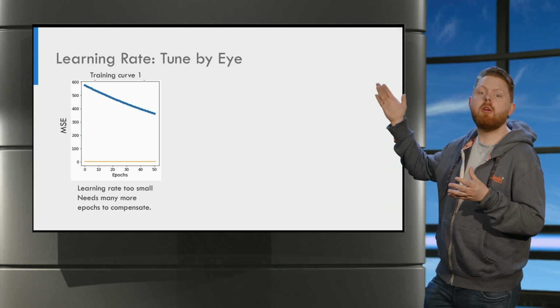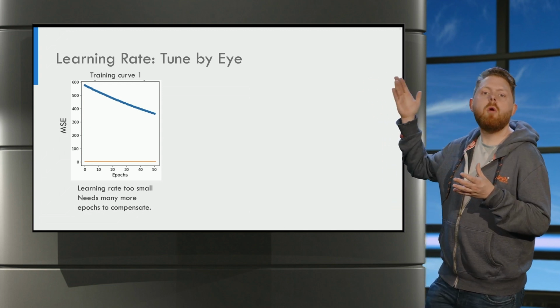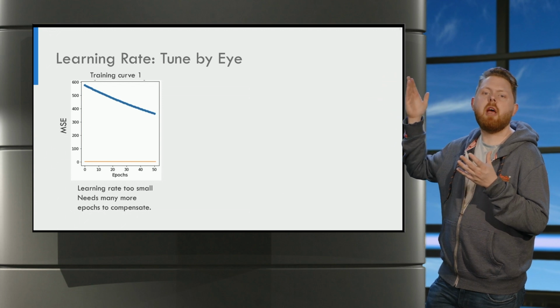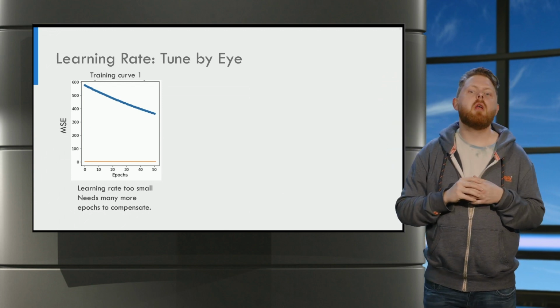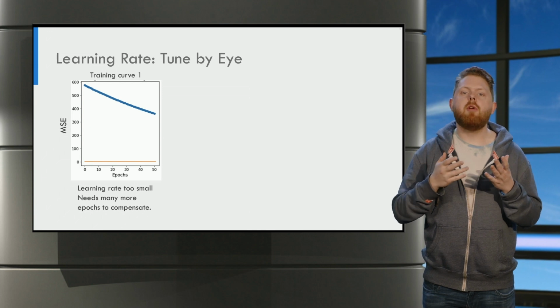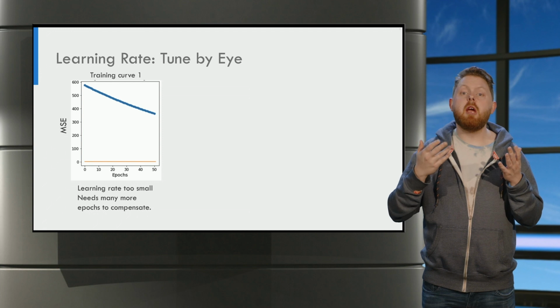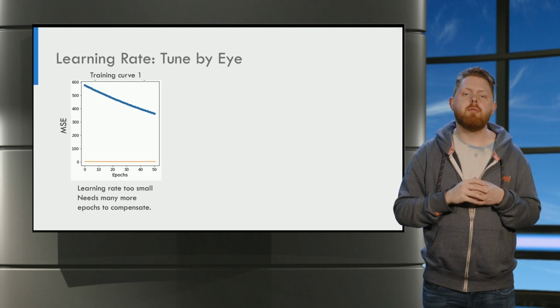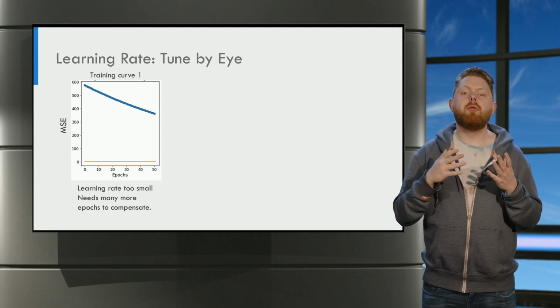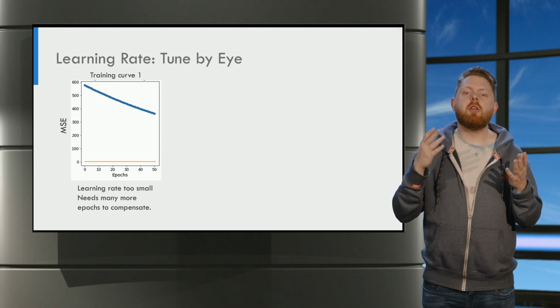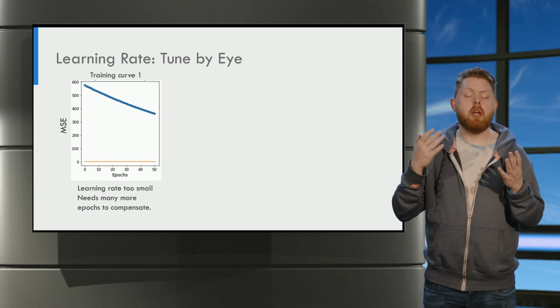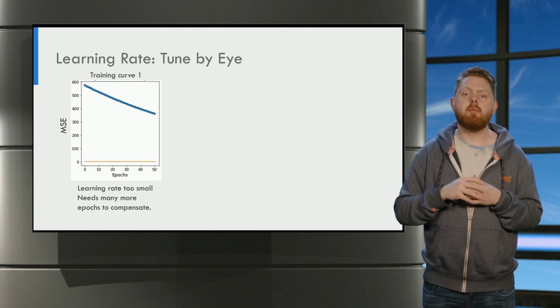Looking at the training curve on this slide, we can see that the optimization has not yet converged. This means that if we run the optimization longer, the objective function will probably improve significantly. One way to fix this is to increase the number of epochs or to increase the step size eta.